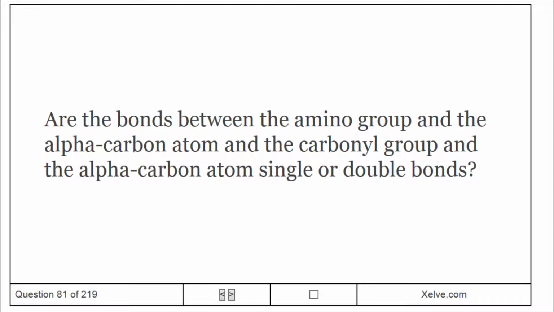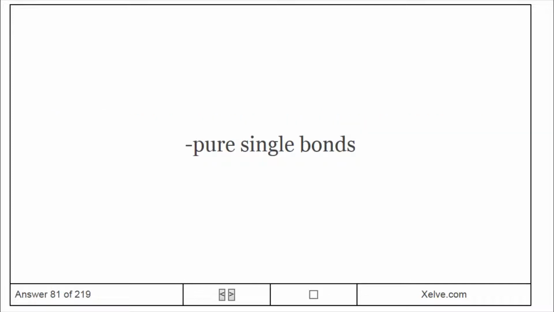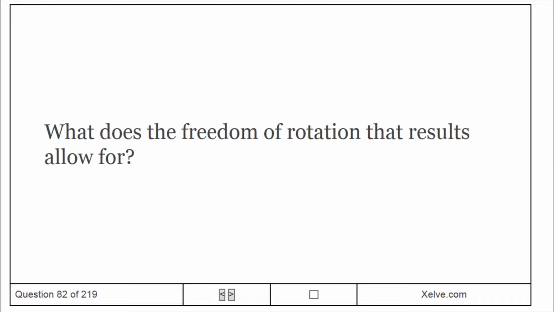Are the bonds between the amino group and the alpha carbon atom and the carbonyl group and the alpha carbon atom single or double bonds? Pure single bonds. What does the freedom of rotation that results allow for?